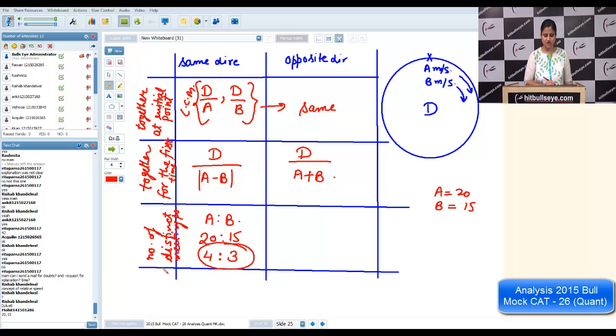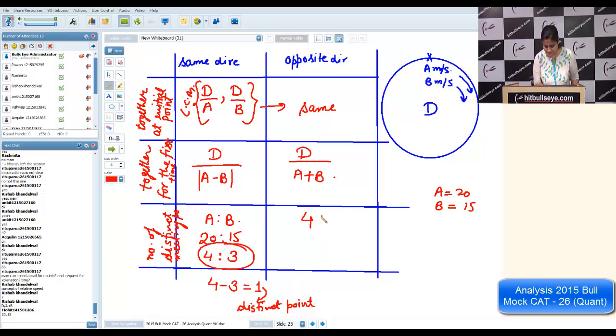If this is a case of same direction, then we will take the subtraction. I mean, they will meet at only one distinct point of the track. It will include the initial point only. So the case Mohit has provided will give you only one distinct point, and that too is the initial point.